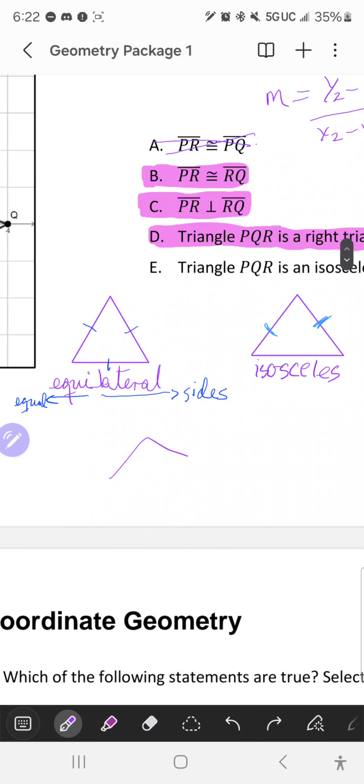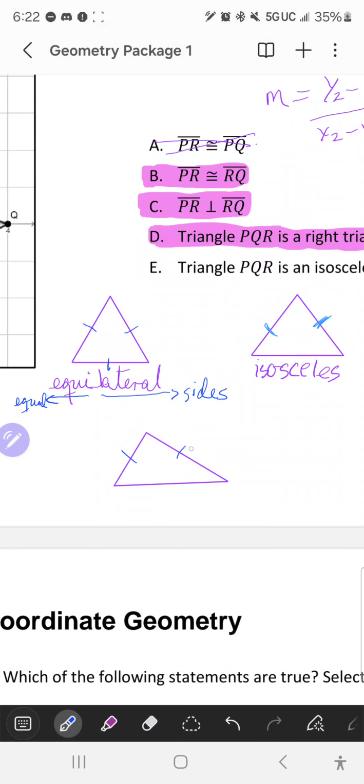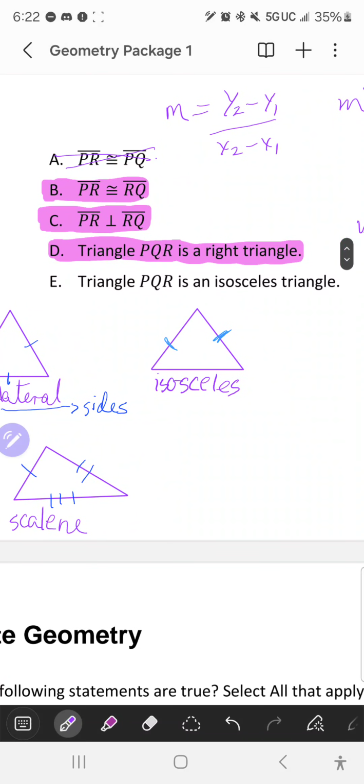Basically any weird triangle like this, where this side is one length, this side is another length, and this side is another length. It is a scalene triangle. There are tricky questions normally in the test that can ask you: is an equilateral triangle also an isosceles triangle? And the answer for that is yes.